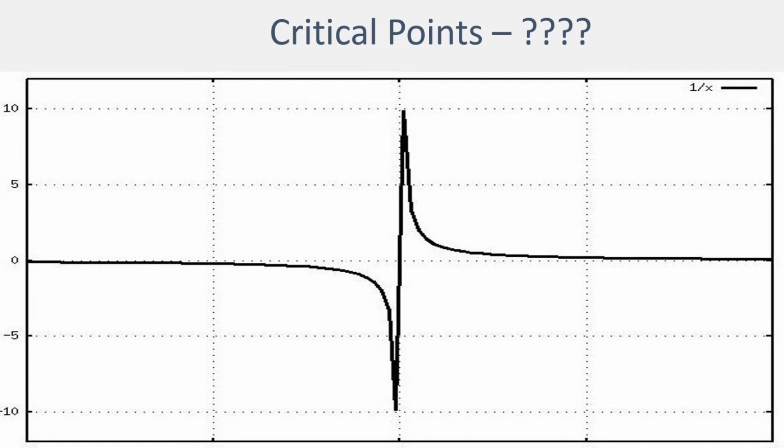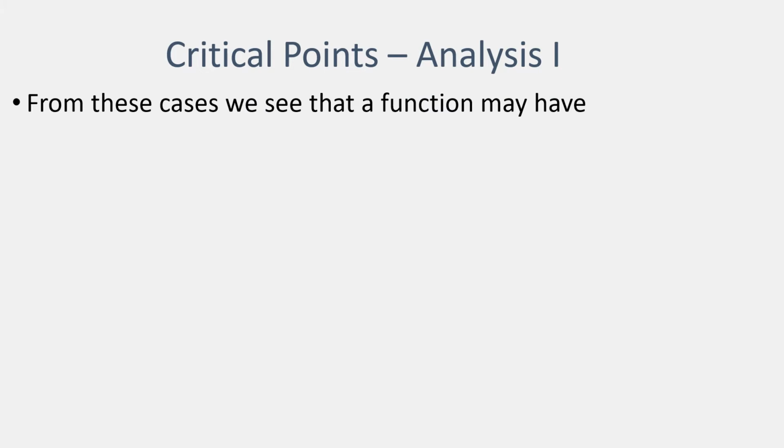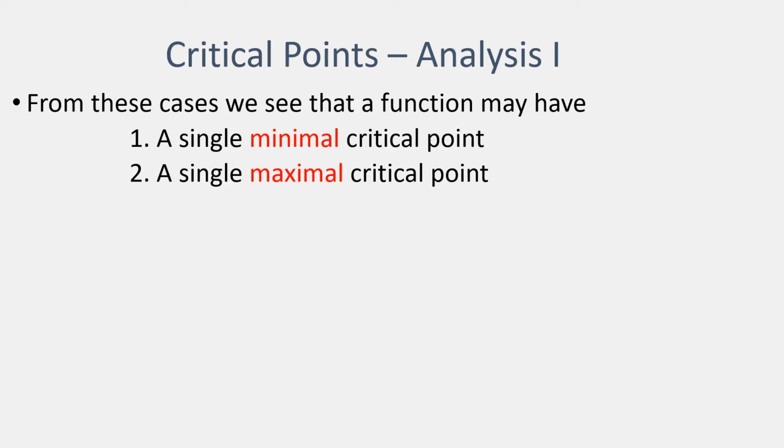Okay, so if I look at those examples in a little bit more detail, what we see from them is that a function could have a single minimum critical point, could have a single maximum critical point. It could have a mixture of these, a mixture of local minima or local maxima.